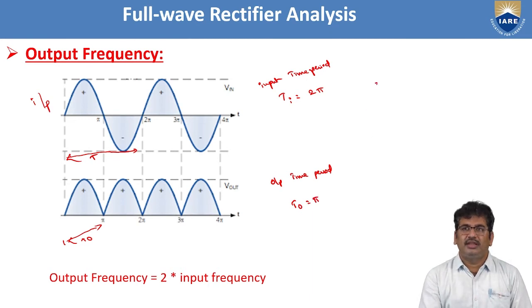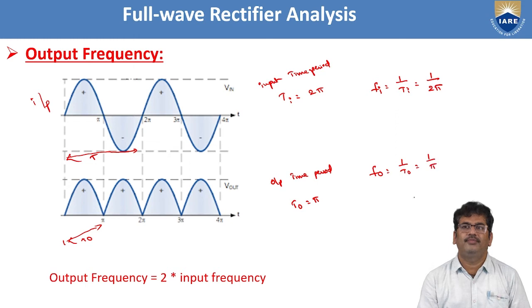The input frequency Fi is given as 1 by Ti, which is 1 by 2 pi. Whereas the output frequency f naught is 1 by T naught, which is 1 by pi.